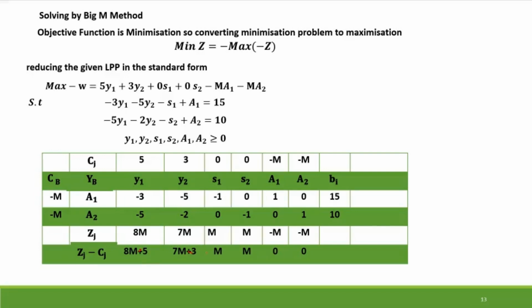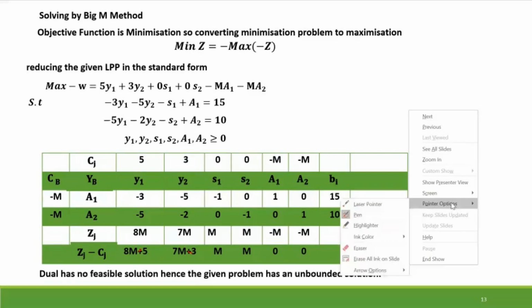8m minus 5 is also positive. 7m minus 3 is also positive. All are positive, which means that we cannot proceed further. And here the values of the artificial variables are 15 and 10, which means that this has no feasible solution. The dual has no feasible solution, and the given problem will have an unbounded solution.